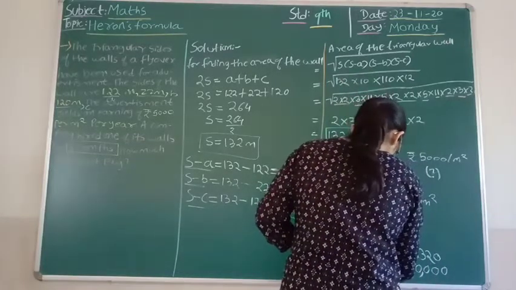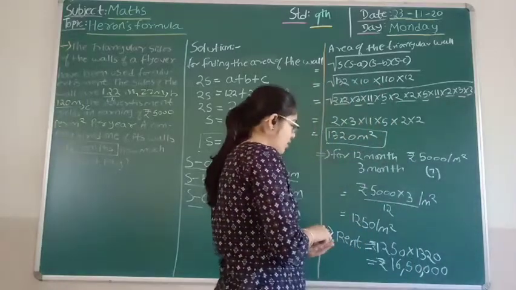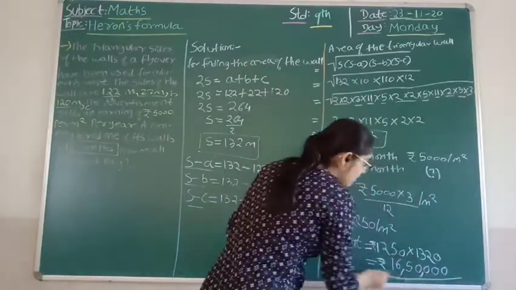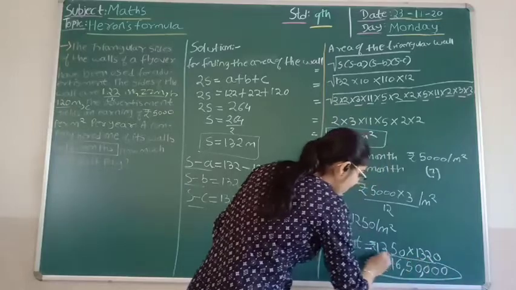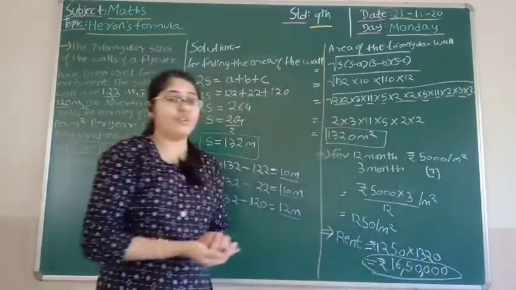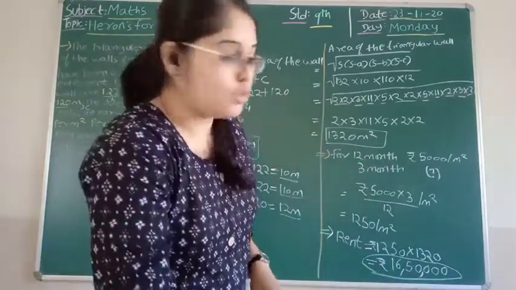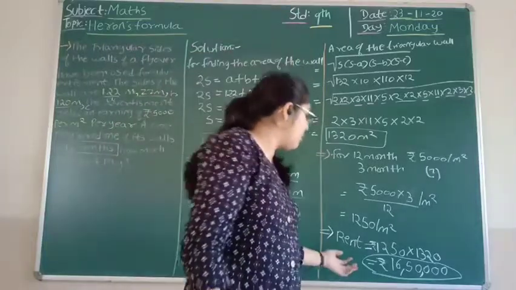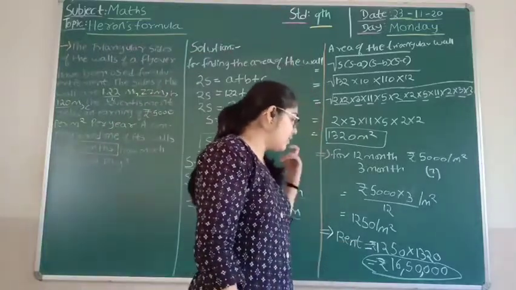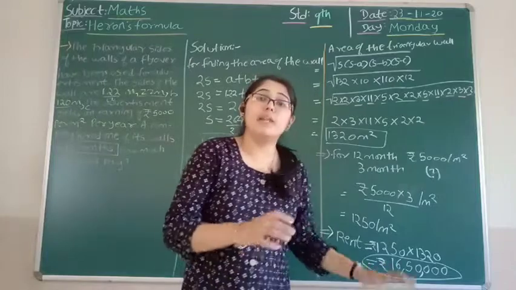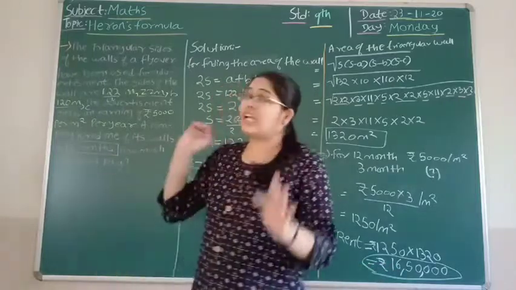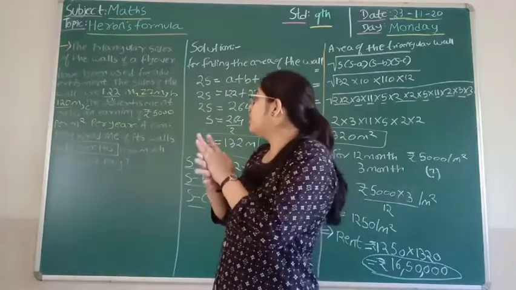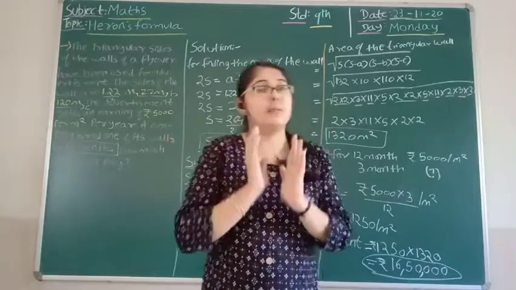So students, the final answer for what you are finding is what amount of rent the company will pay. This amount of rent the company will pay for a triangular wall for about 3 months. So students, this is how we can solve this sum.